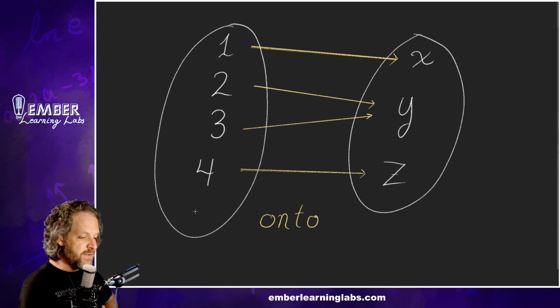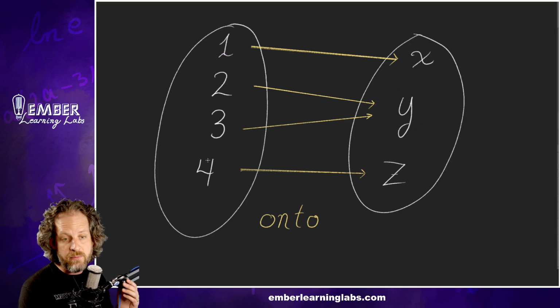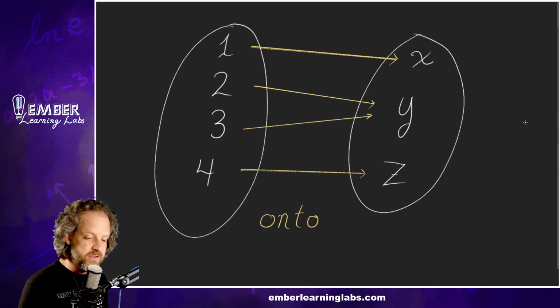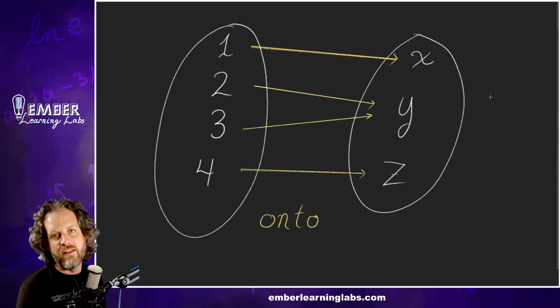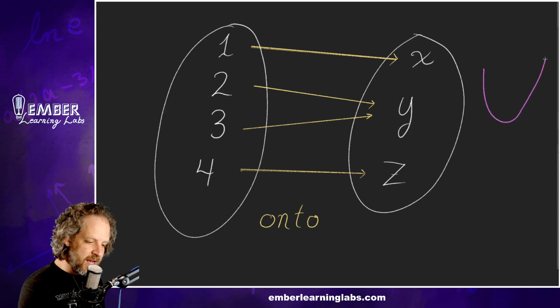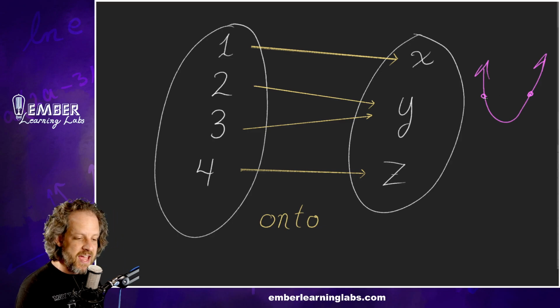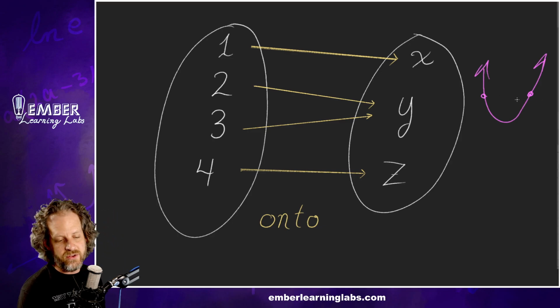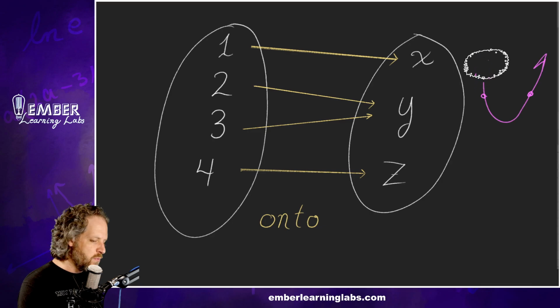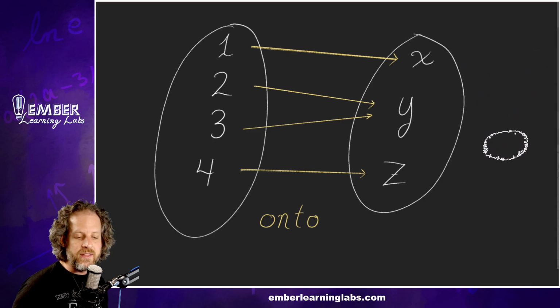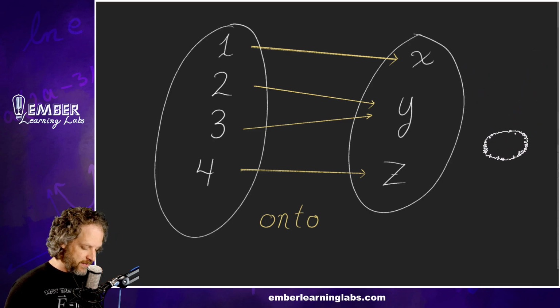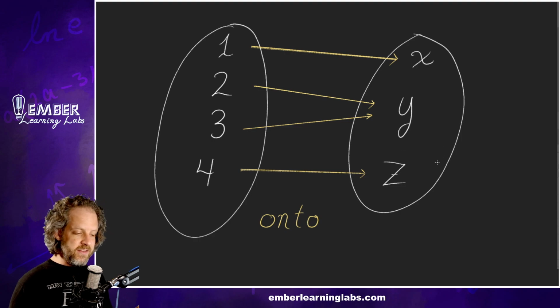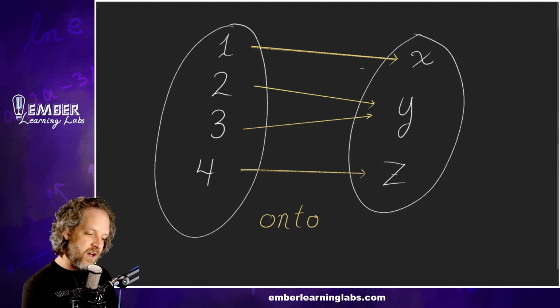You can have two different members of the domain pointing to the same output. Putting it into mathy terms, this could be something like a parabola, where two different inputs have the same y value. We'll get more specific about those things later when we get into parabolas. But an on-to function covers all of the range.